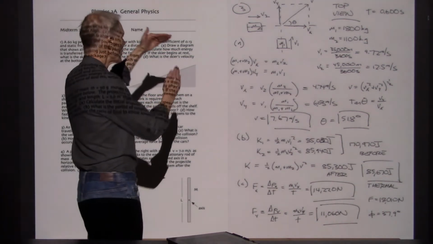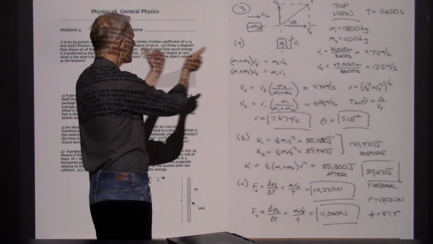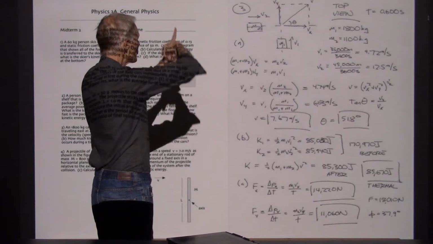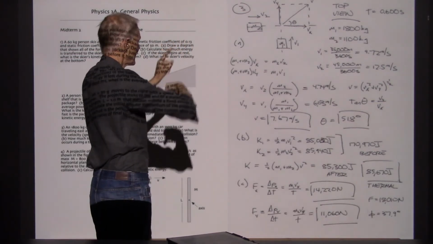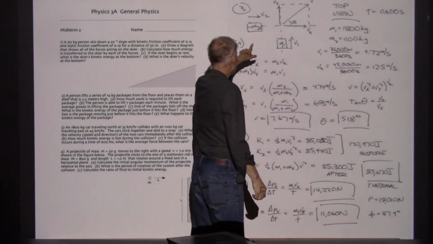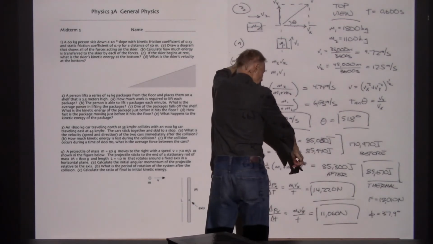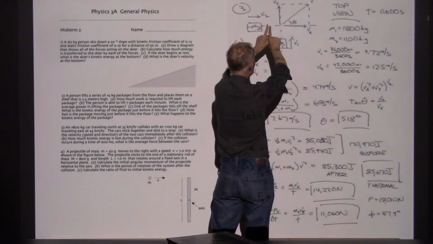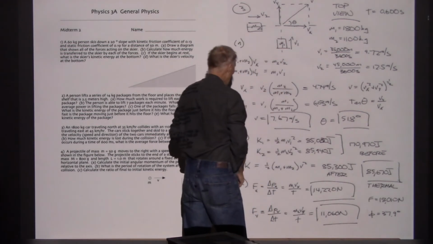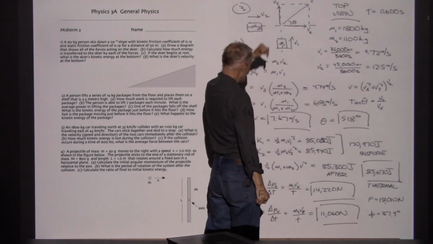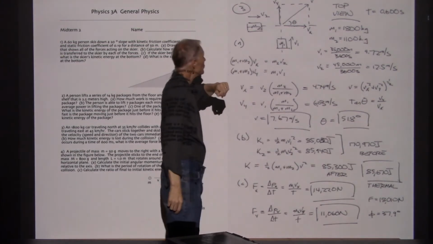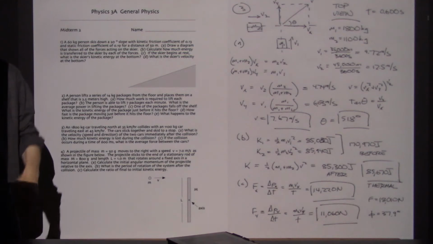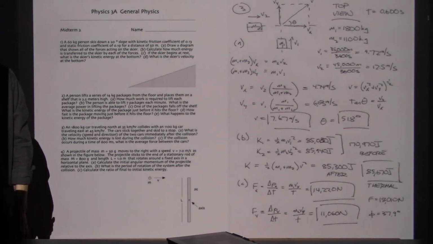When the cars run into each other, they exert forces in the X direction on each other, and they also exert forces in the Y direction on each other. So car 2, as a result of the collision, experiences a force of 11,060 newtons pushing it in the Y direction, and car 1 experiences a force of 11,060 newtons slowing it down. So it now will not be going as fast in the Y direction.